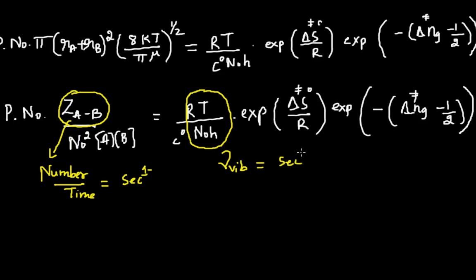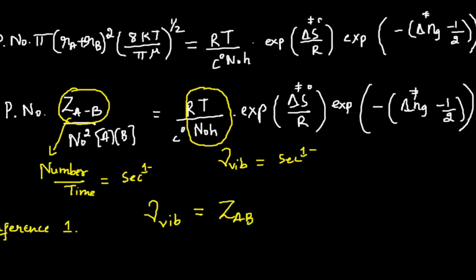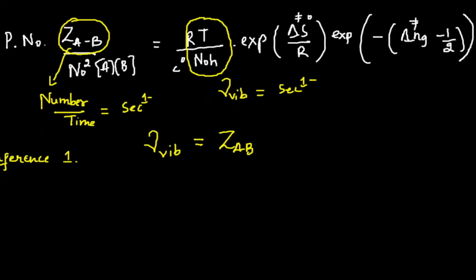It is again going to be second inverse, which means first inference is that your new vibration, approximately inference one, note down, your new vibration approximately corresponds to the frequency of collision ZAB. Fine. How? Dimensional analysis. You do a simple dimension analysis.